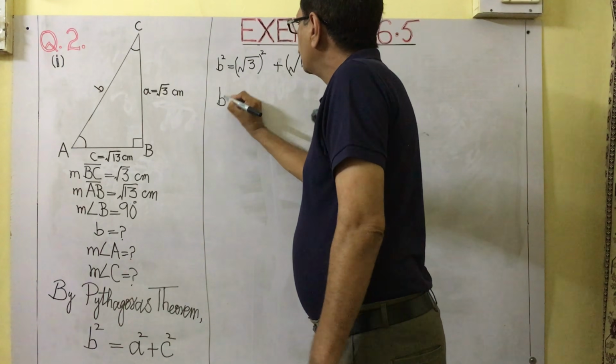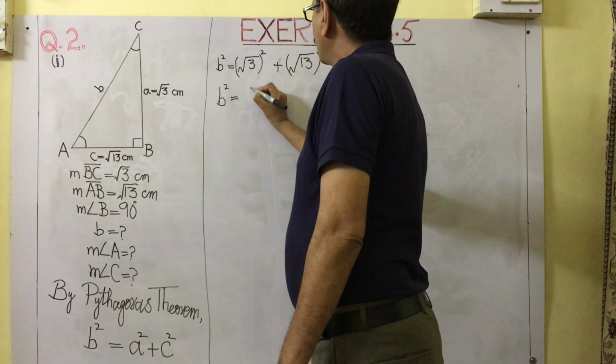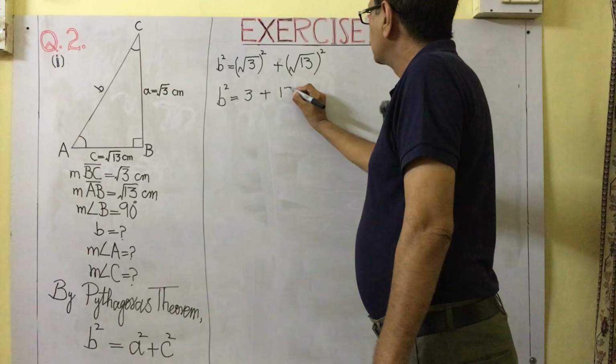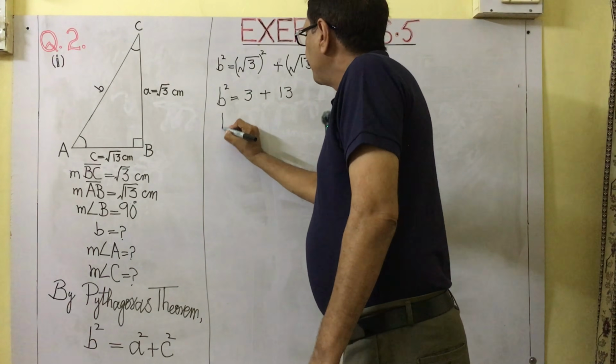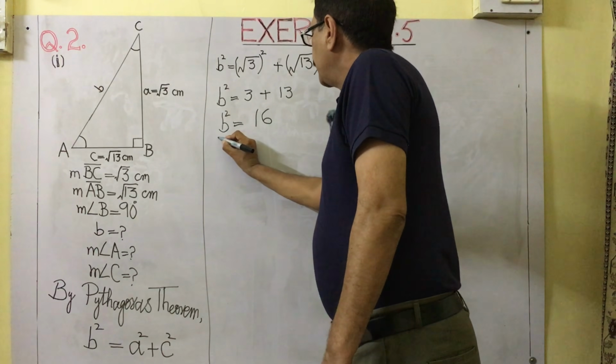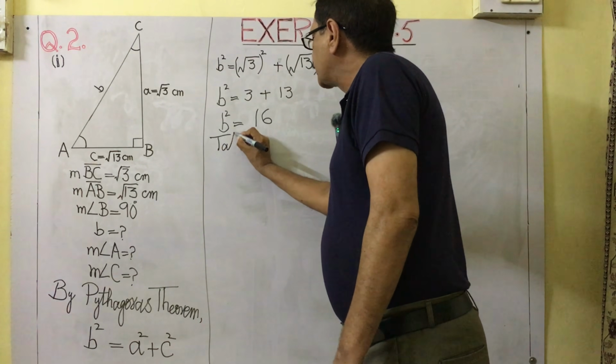B square is equal to 3 plus 13. B square is equal to 16, taking square root on both sides.